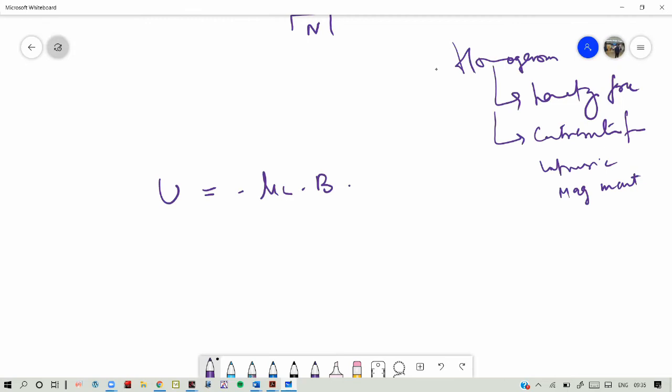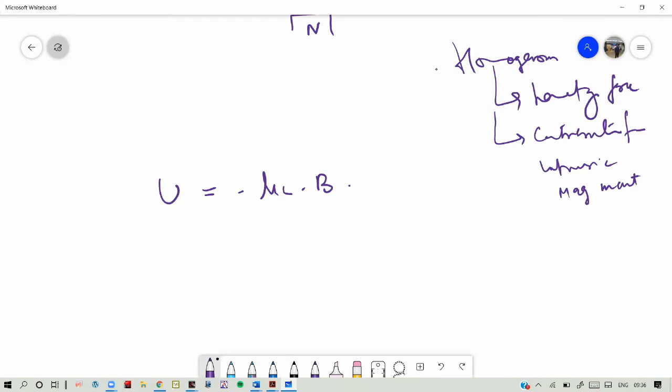Is it mu dot B or mu cross B? Dot. Yes, it is minus mu L dot B.